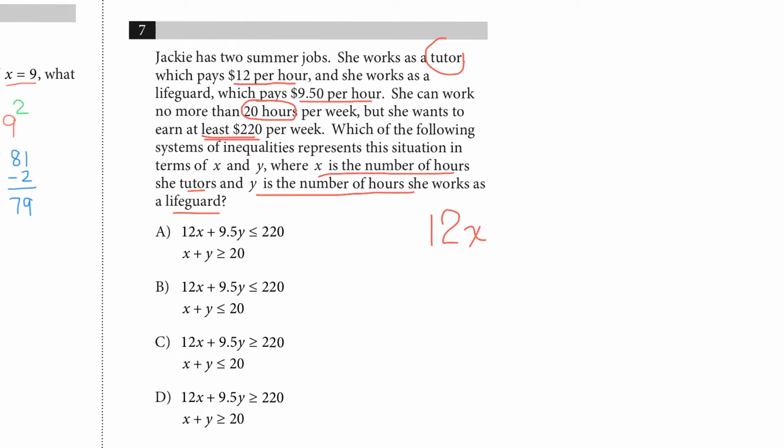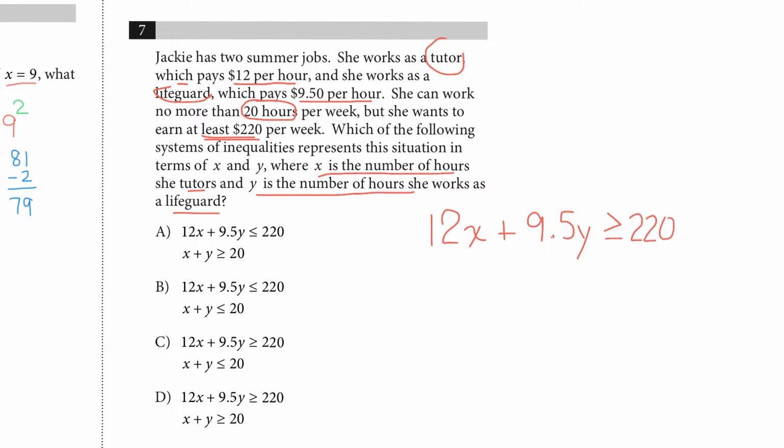Well, as a lifeguard, it says here that she gets paid $9.50 per hour. So, plus $9.50 per hour for y hours that she works as a lifeguard. And does she want to make more than 220 or less than 220? Well, if she's going to earn at least 220, it's got to be more than 220. So we would say at least that could equal 220.